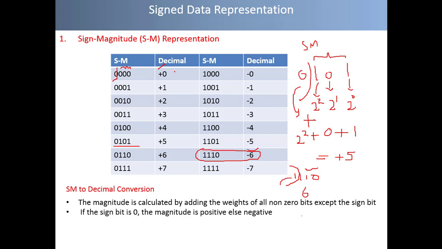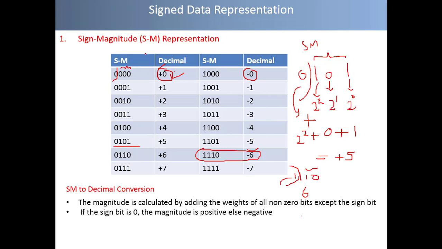Now from this table you can observe an ambiguity of two values. 0000 denotes a positive 0 and 1000 denotes a negative 0, and this is a violation of basic mathematical principle. In mathematics, 0 is not a negative number, but we mostly treat it as a positive number.